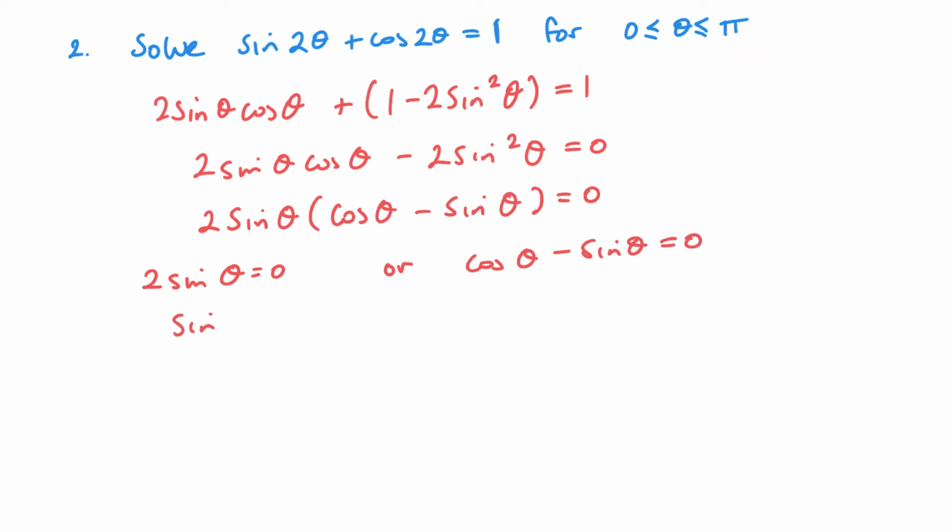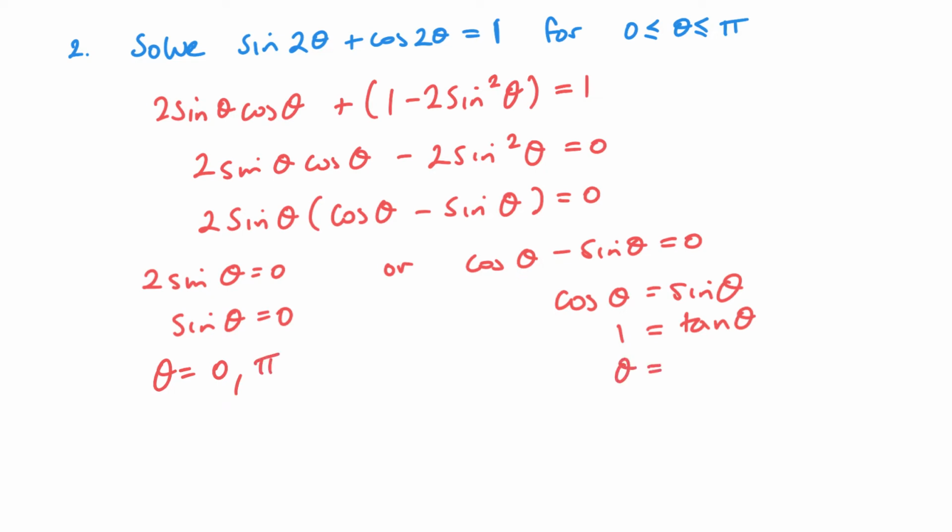So we've got sine theta equaling 0 on this side, and we've got cos theta equals sine theta. Dividing by cos, we get sine theta over cos theta, which is tan theta. So thinking of my answers for theta here, we would be looking at 0, and then 180 degrees, which is pi, and my theta over here is 45 degrees, which is pi by 4 radians. And that's a very straightforward question here.